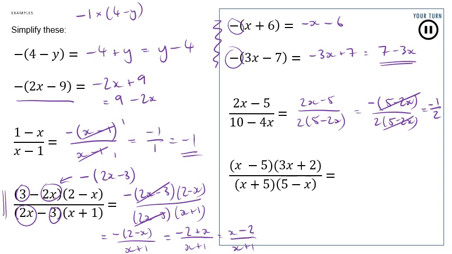And in the last one, we can rewrite x minus 5. If we put a negative outside the bracket, that would be 5 minus x. So we can divide top and bottom by that. And then tidy up.